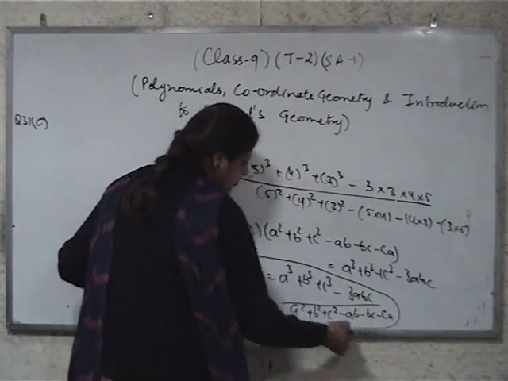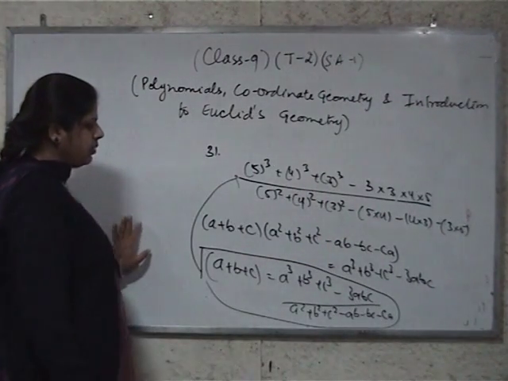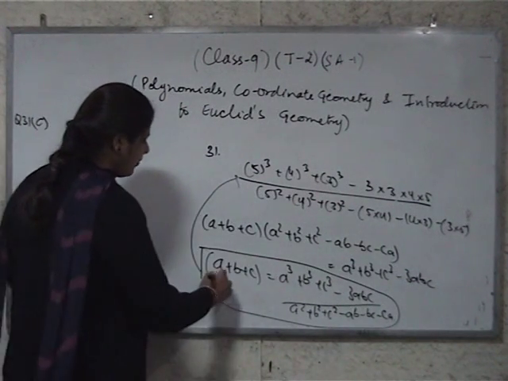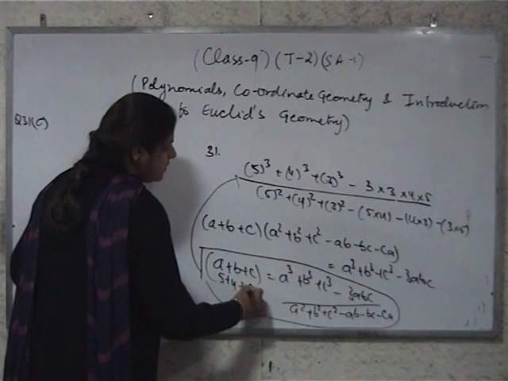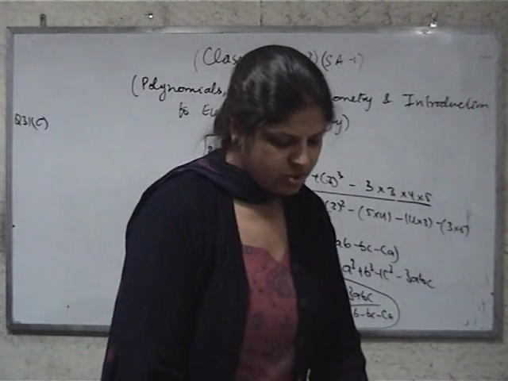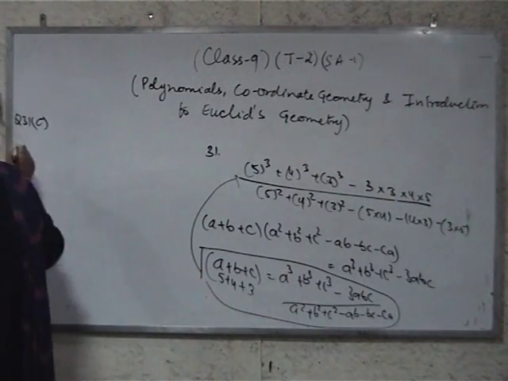So from this expression, if I do the comparison, what do I get? My answer should be a plus b plus c. Here a is 5, b is 4 and c is 3. So answer is 12. Next is question number 32, and answer for this is beta.